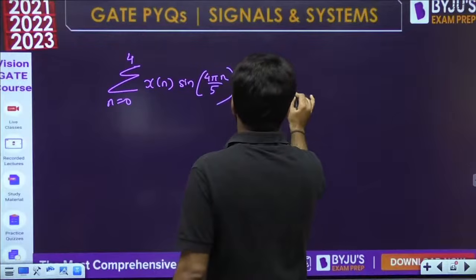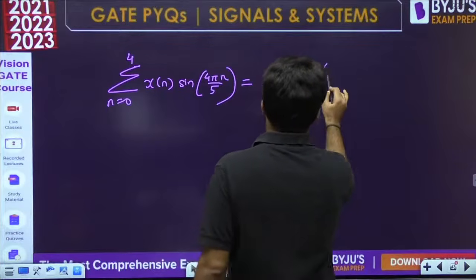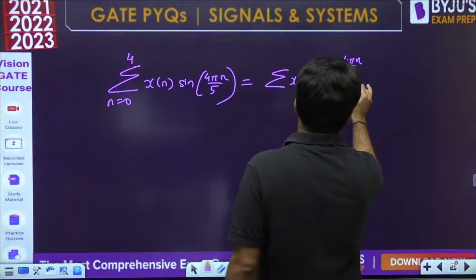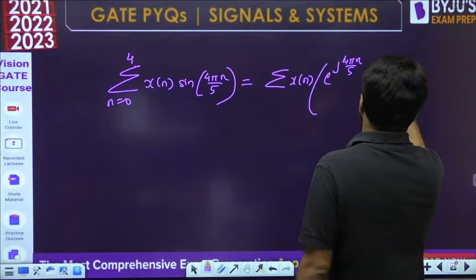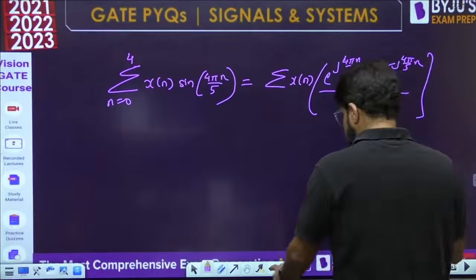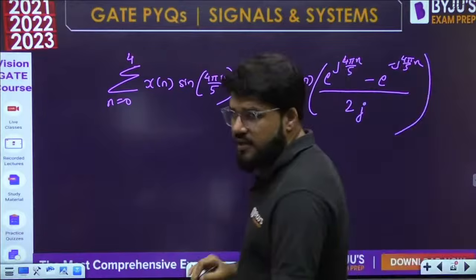As per Euler's formula, sine theta is e raised to the power j theta, here e power j 4 pi n by 5, minus e raised to the power minus j theta, divided by 2j. That is Euler's identity.